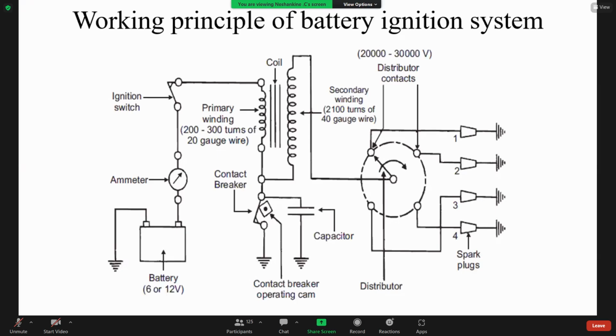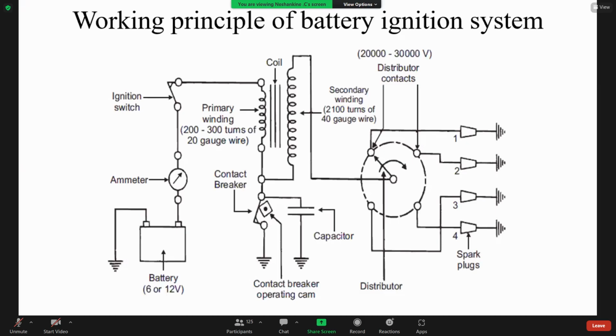Okay, continue. Then the voltage is passing to the distributor, not current, sorry, voltage, when it goes to the first place.